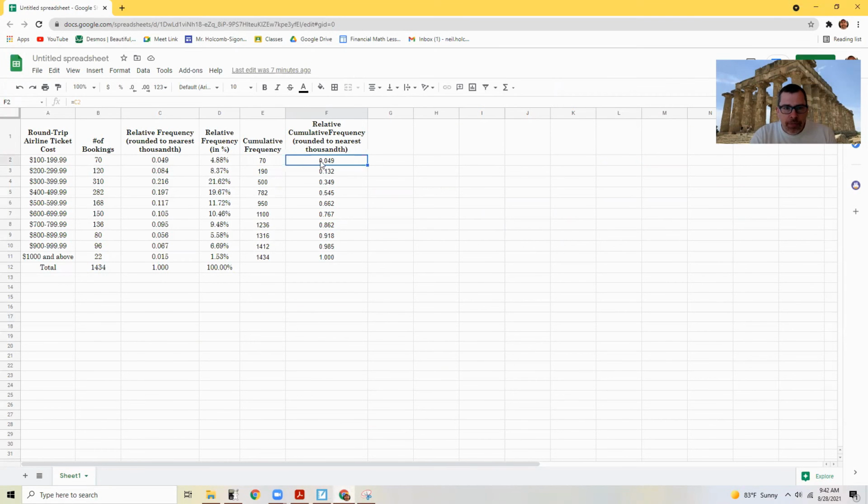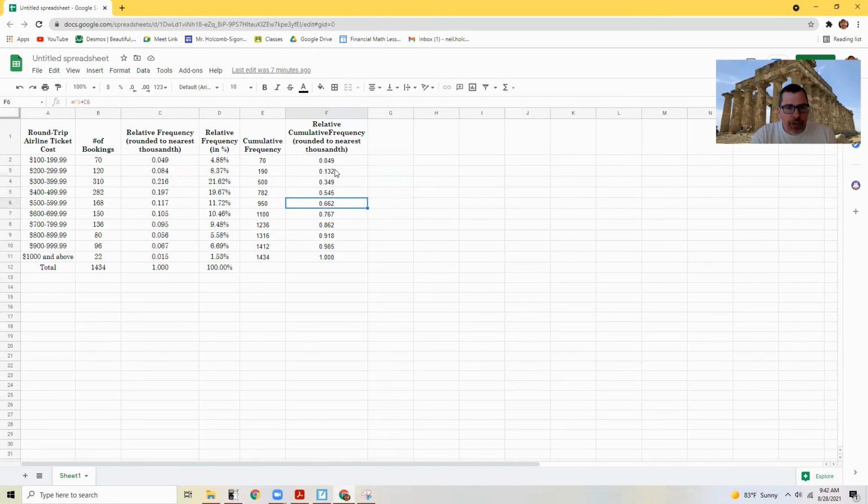So if I click on this number, it equals C2. C2 is right here, which is F divided by the total. But if I click here, this is F2, which is this number, the cumulative frequency.